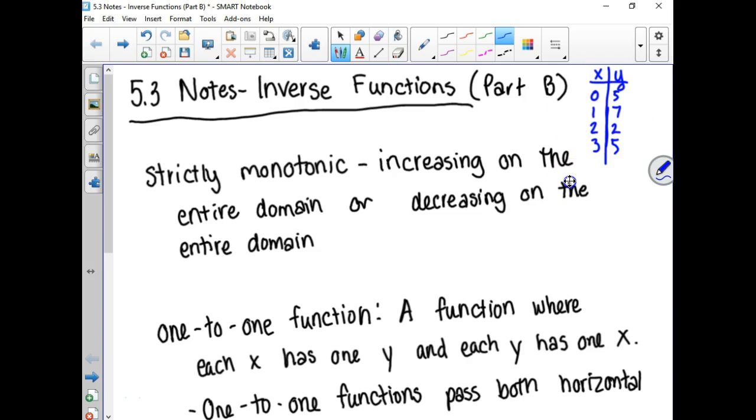If you think of the words you would use to describe a girl that has more than one boyfriend, they're not very nice. There's no positive words that are used there. So functions, each girl, each X, can only have one boyfriend, one Y.